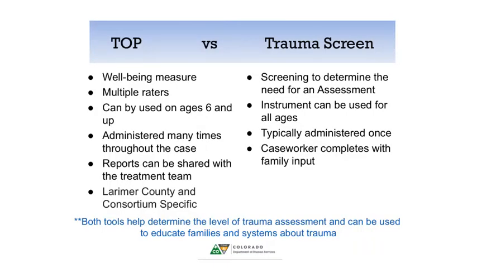We have reports that are generated from the TOP, and they're specific to Larimer County and our new consortium. Since we use the platform that Kids Insight has, they don't have the capacity to open it up for everybody across the state, so it's a slow intervention to see if this actually works. Why the TOP for us? We think it provides multiple functions.